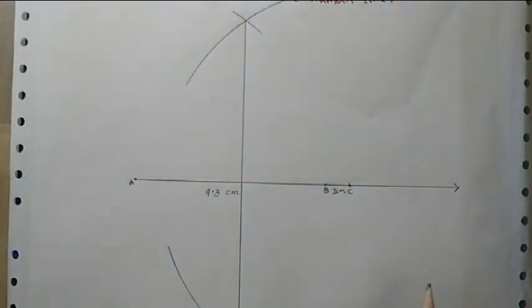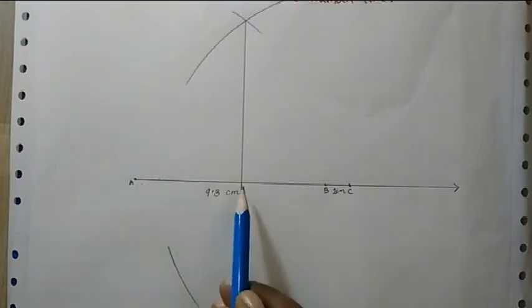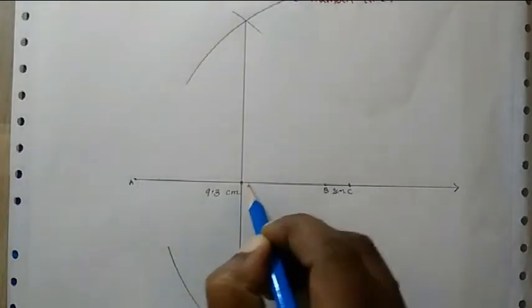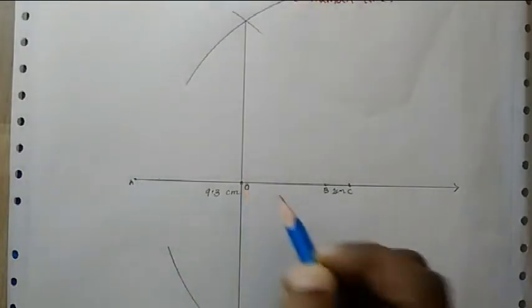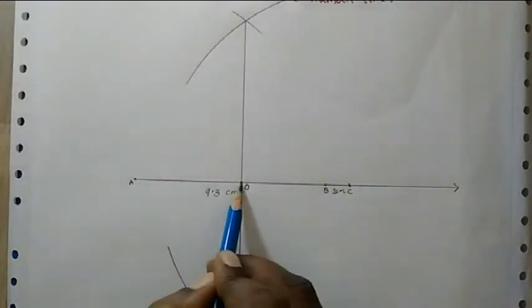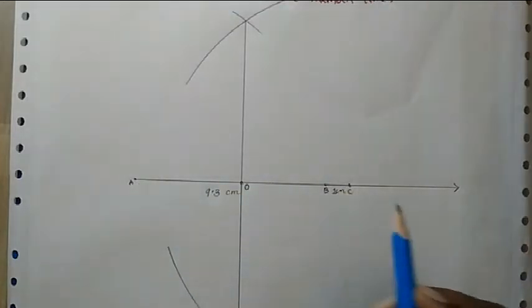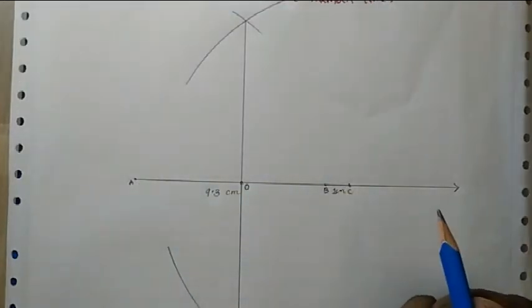Now we have got the midpoint. You can name it as O. Now AO and OC are equal.